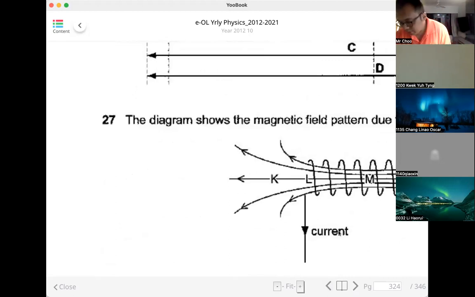Can you see? K here is this far apart. L here is this far apart. M is this amount apart. So which one is actually very close? The closest one will have the strongest magnetic field strength, because when they're all very close, they are very strong. When they're all very far, it's very weak.